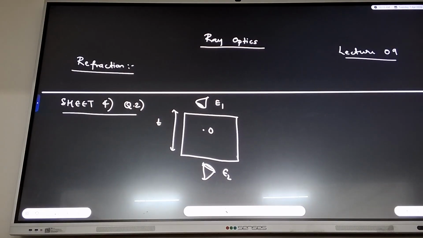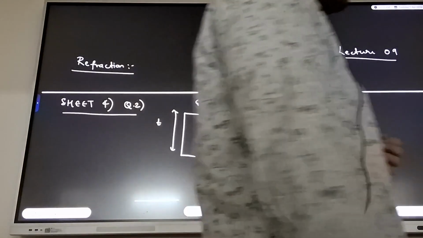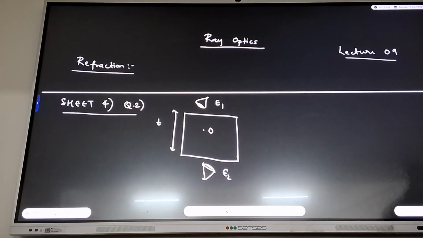Option D. Yes, that's correct. Option D is correct. Anybody else? Option D. Good.